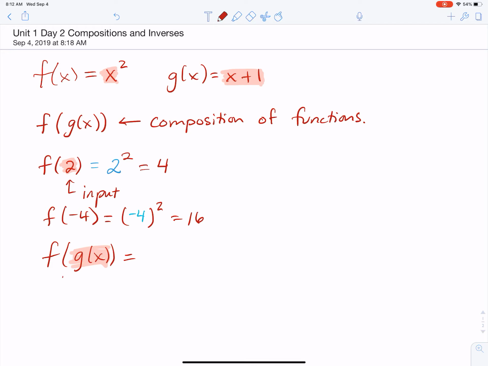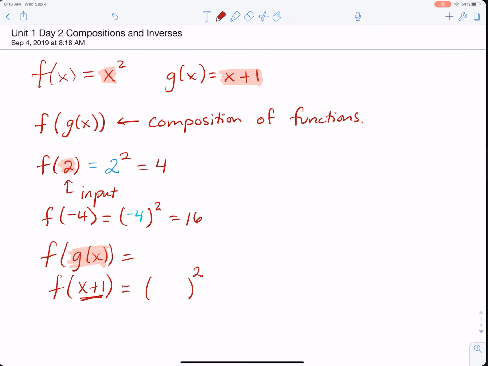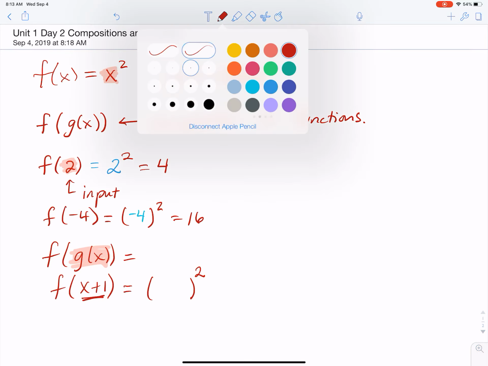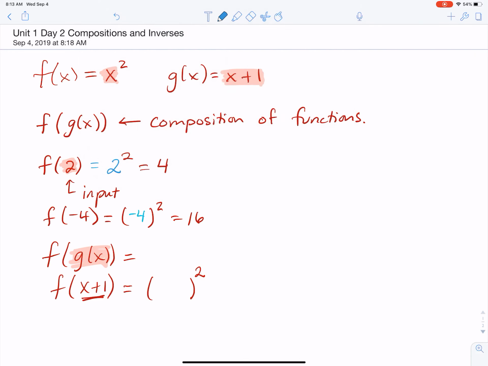So that means I want to take that function, x plus 1, and make that our input. So I'm going to input that into the function f of x. And so we now are going to put that in place of x. So instead of x squared, we are now going to make our input x plus 1. And so we are going to make that x plus 1 squared.